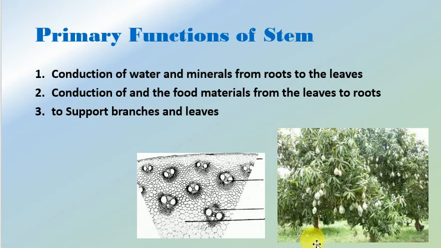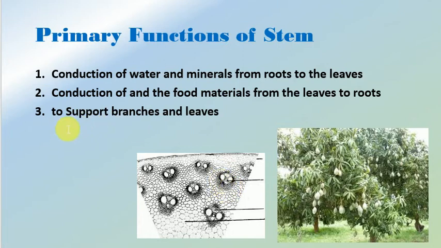From the roots, the minerals and water are translocated to the branches, and from the branches the food material is translocated downwards to the roots via the stem. So these bigger structures are the xylem, and the smaller tissues around the xylem are the phloem.